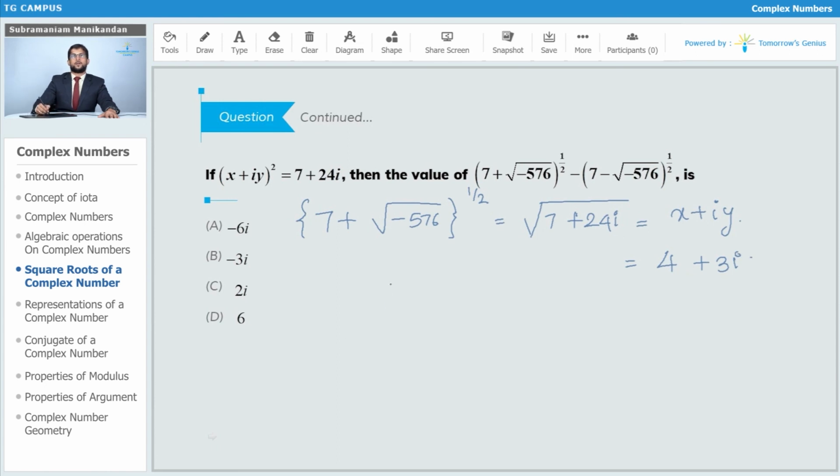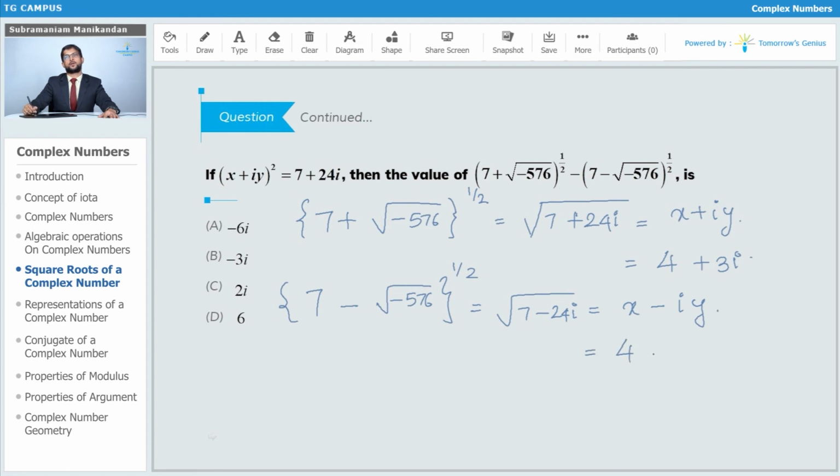Okay, and similarly 7 minus square root of minus 576 to the power of 1 by 2 is equal to the square root of 7 minus 24i. So that's equal to x minus iy. So therefore that will be equal to 4 minus 3i.